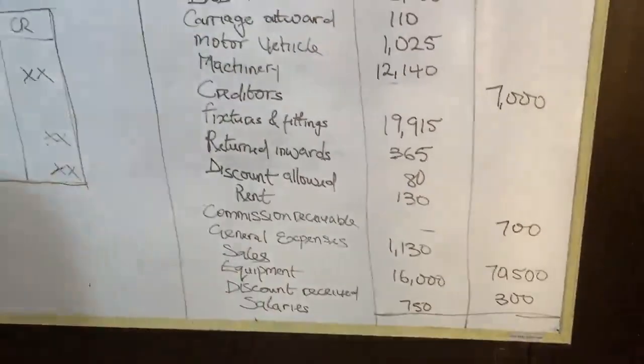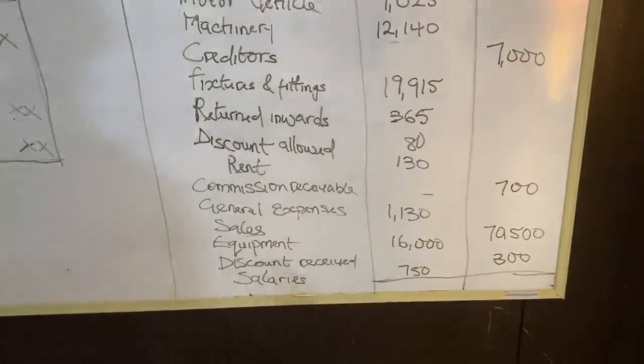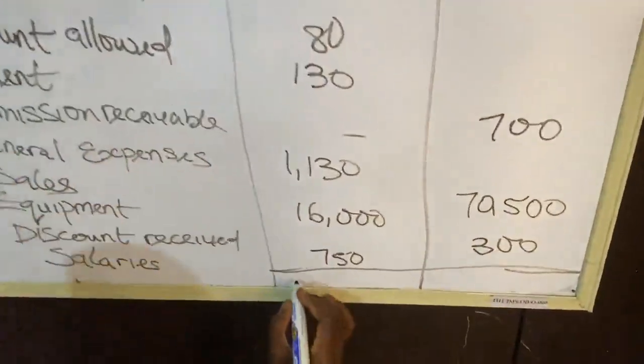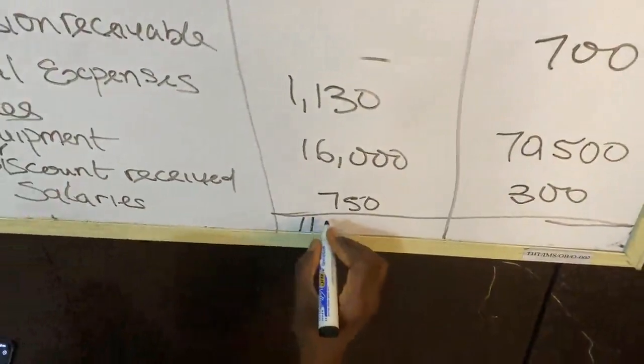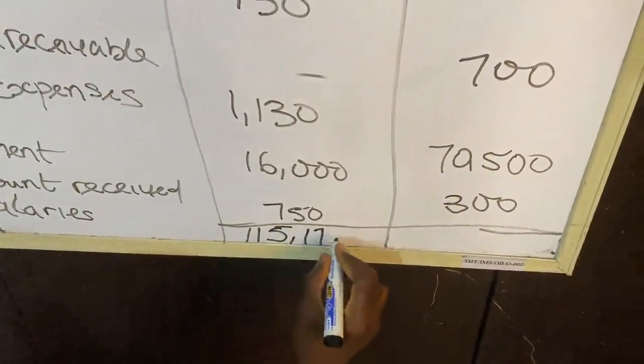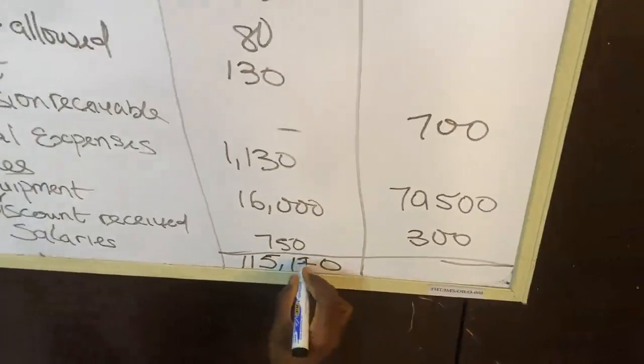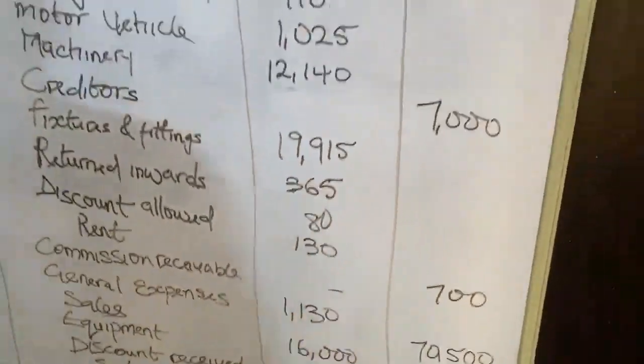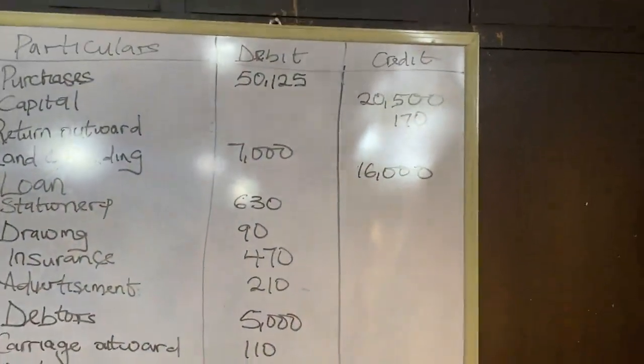We have 115,170. So that's what we get on the debit side.